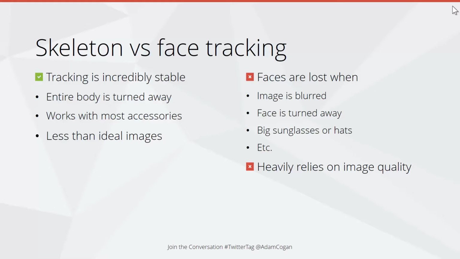And it can work in less than ideal images, simply because the original images are really bad. And they have really good algorithms to combat that. Their algorithms are super sophisticated and stable. And what you can do is, once you have a skeleton, you can just detect their face, recognize that face, and then pin that identity to that skeleton.